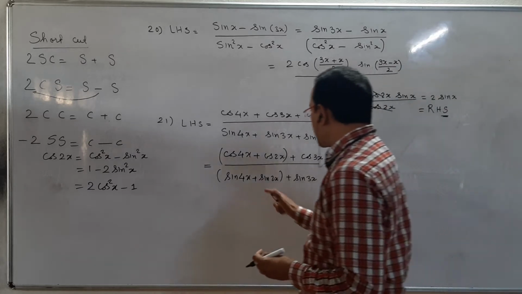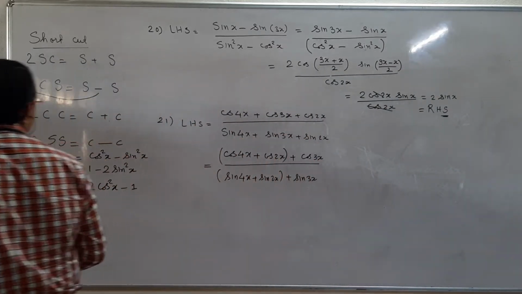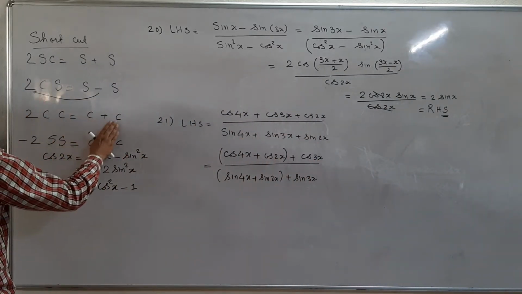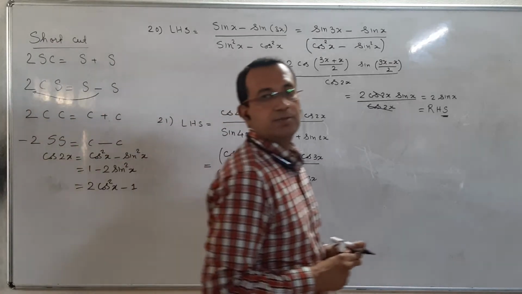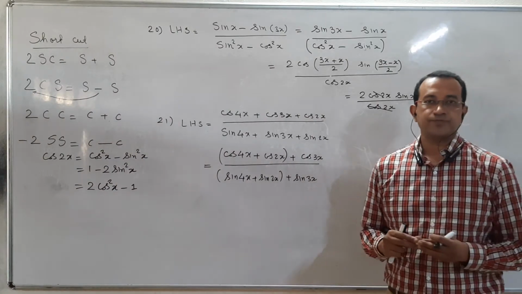Now students, the first bracket is cos plus cos, and cos plus cos is nothing but 2 cos cos.